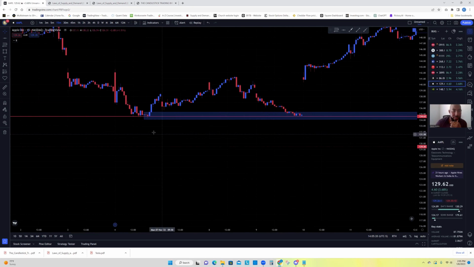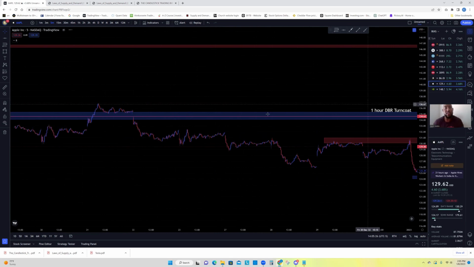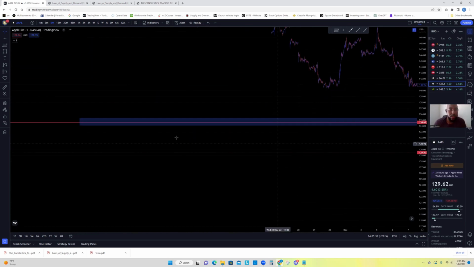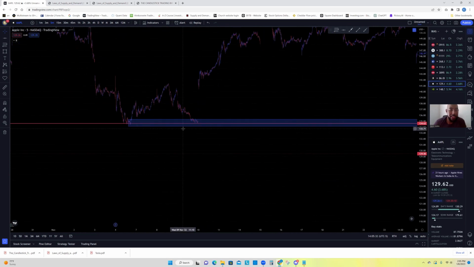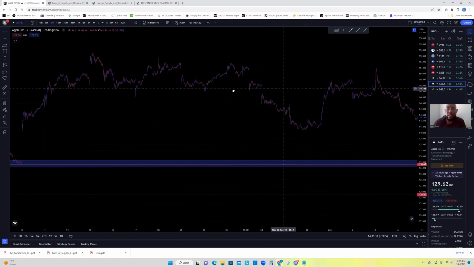All right, here we go. Even on a 5-minute, you can see this same area. These areas of supply and demand work on any time frame, but the higher the time frame, the stronger that area is going to be.